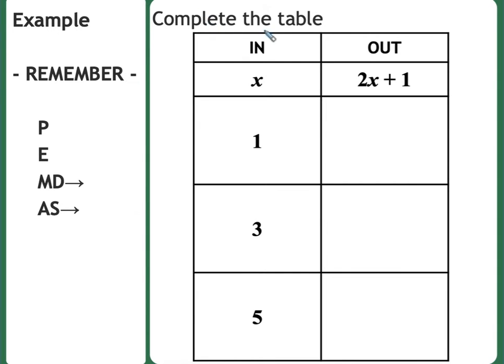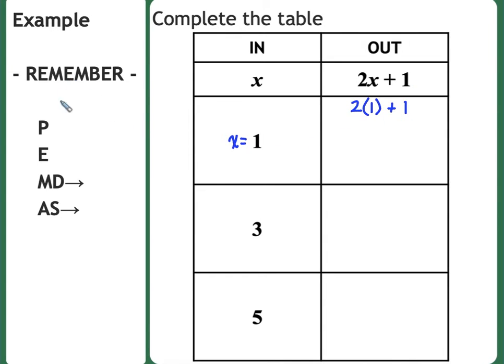So if we're asked to complete the table, and we have an in of x and an out of 2x plus 1, that means for the in of 1, we want to know what this is when x is equal to 1. Well, that means we have 2, and then in place of x, we're going to put 1, plus the 1 here.